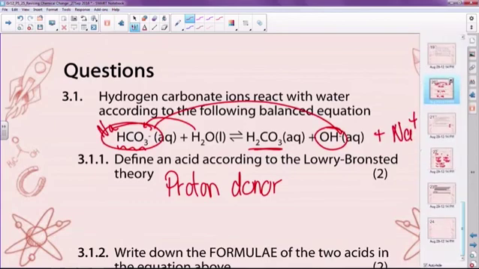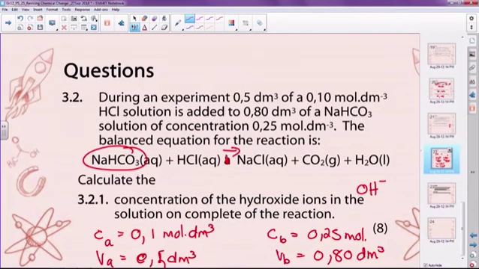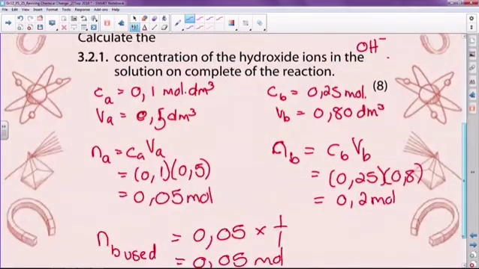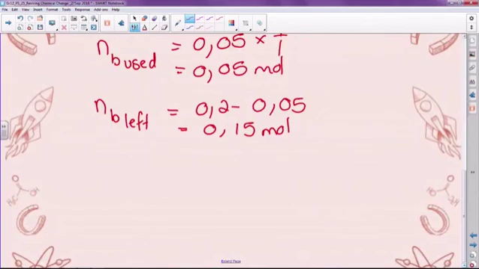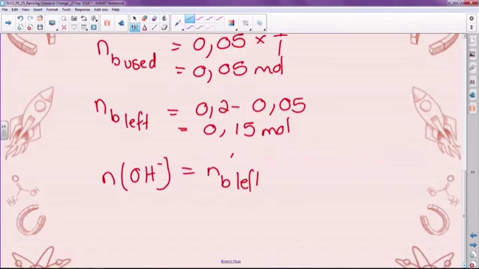So if I go back down here, I'm going to get a one-to-one relationship. So the number of moles of OH minus is going to be equal to the number of moles of base that are left, which means I'm going to have 0.15 moles.